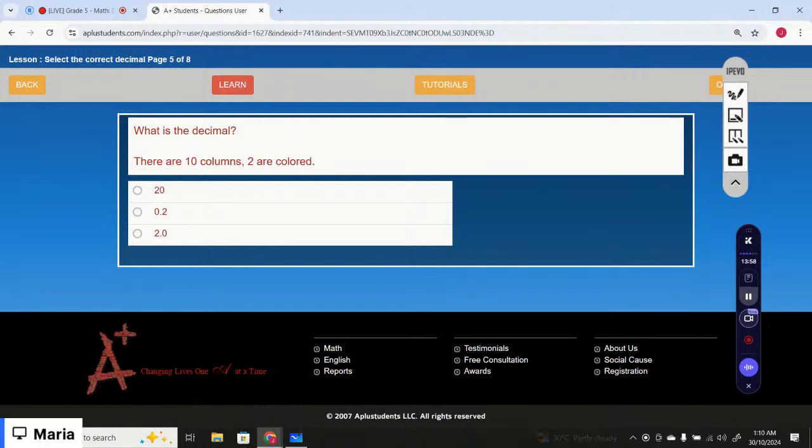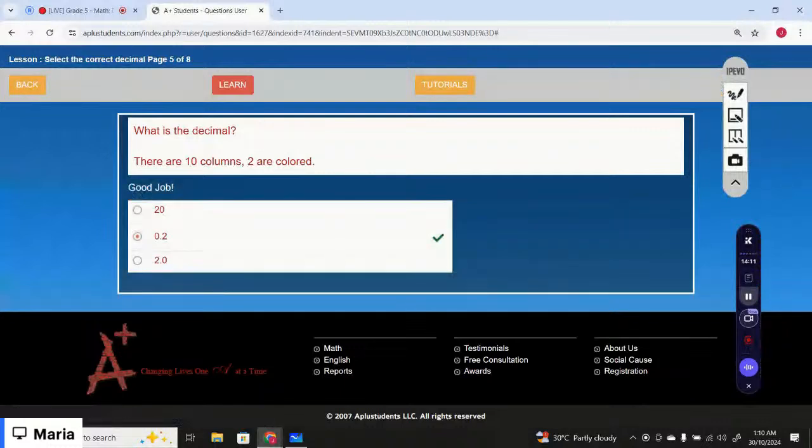The correct option is 0.2. Option number 2 is the correct option. Very good.